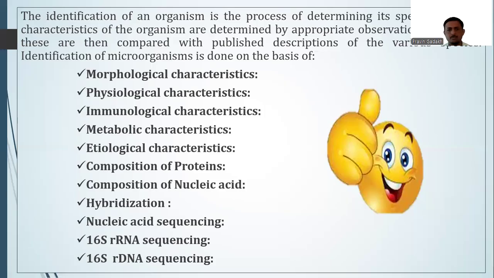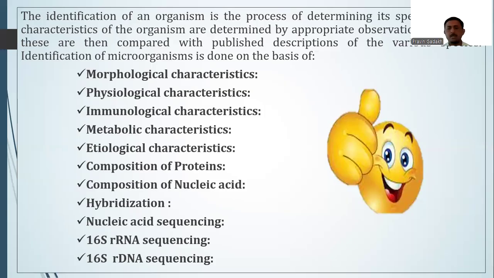When we carry out the proper protocol for the identification process, we go through the different characteristics. We discuss the morphological characteristics of the organism, its physiological or immunological characteristics, its metabolic requirements, the etiological characteristics, its protein composition, or its cell wall composition.